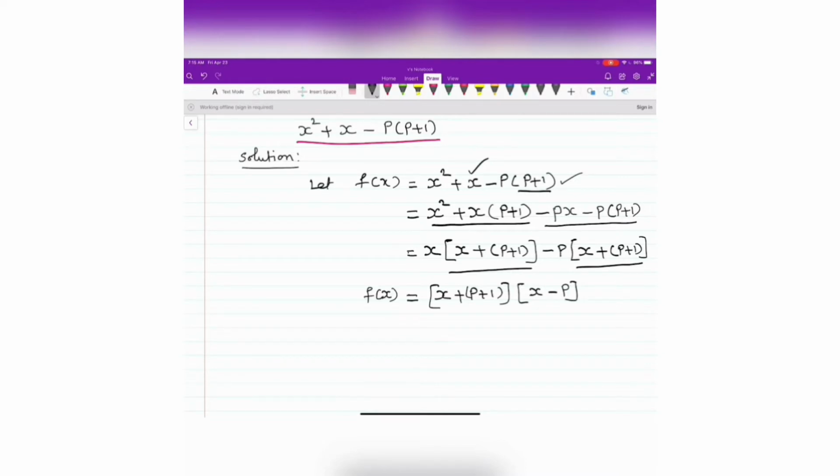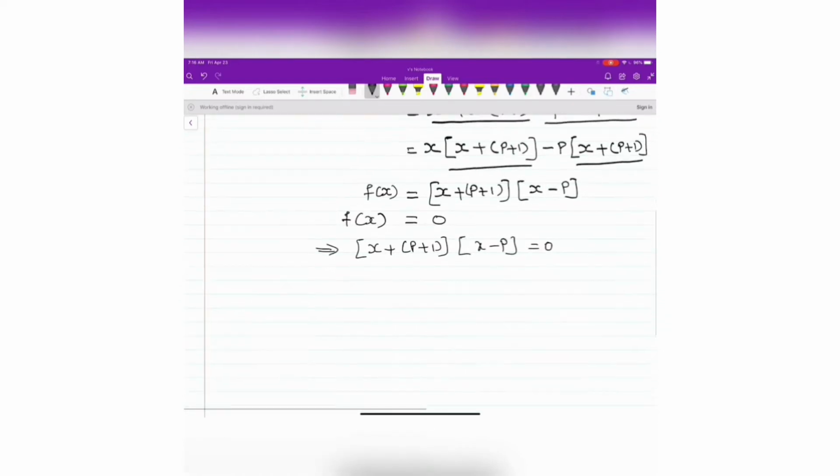So, straight away you can write f of x equal to 0 implies x plus p plus 1 into x minus p should be equal to 0.